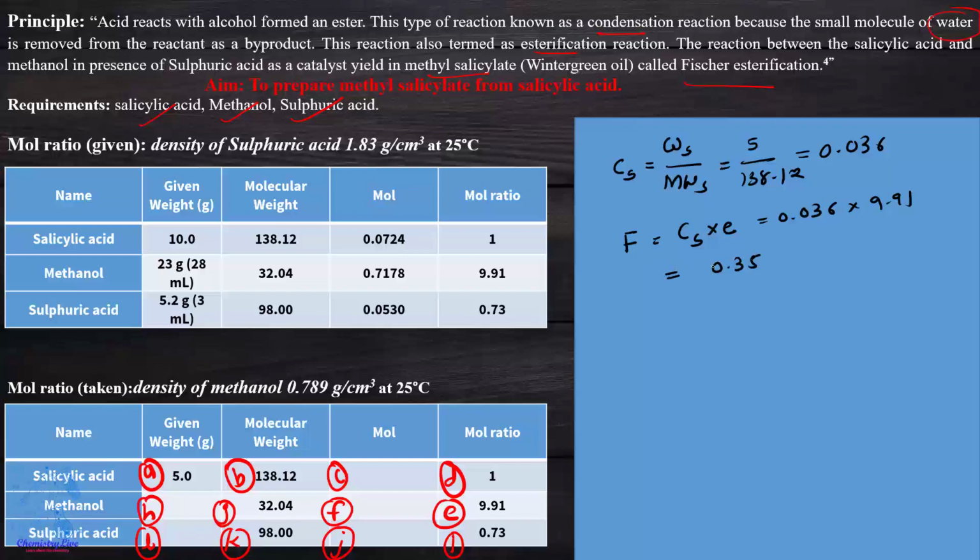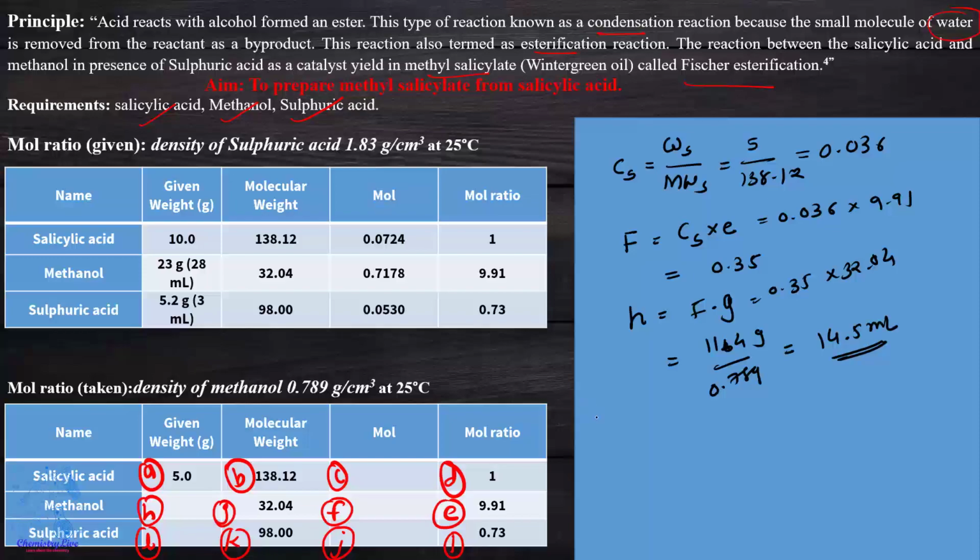From that 0.35, if we want H, which is the volume of methanol, we proceed with the multiplication of F and G. So 0.35 multiplied by 32.04, the molecular weight of methanol, and finally we get the weight of methanol as 11.4 gram. But here we need to take methanol in ml, so we divide by the density, which is 0.789, and we get the volume of methanol as about 14.5 ml.